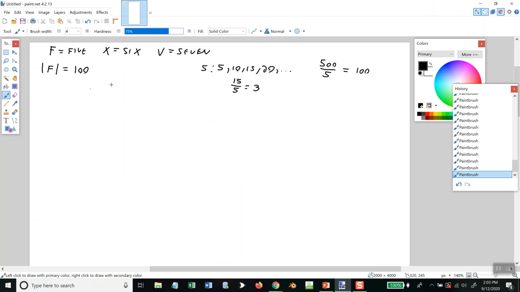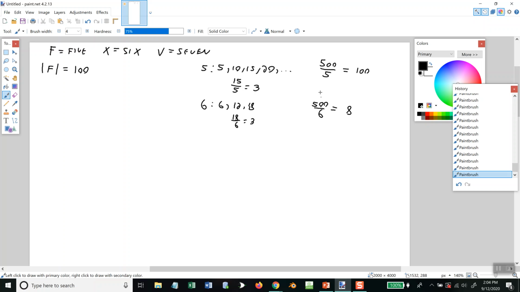Okay, so if I think about 6, same idea: 6, 12, 18. If I take a smaller number like 18 divided by 6, that gives me 3, and I see there are 3 elements there. So I take 500 divided by 6.